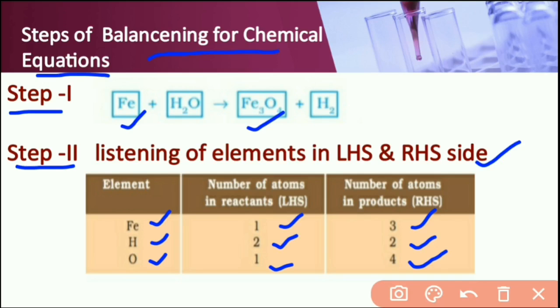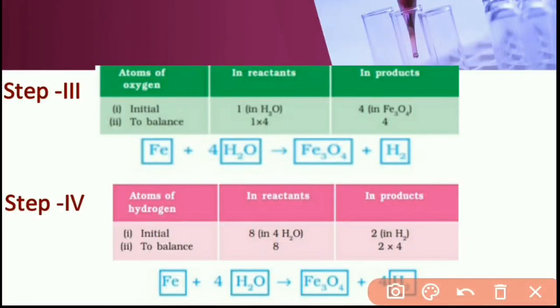Then next step, from the third step we can start balancing the atoms of elements. Often it's convenient to start balancing with the maximum number of atoms. So in this equation, oxygen is maximum on the RHS side, 4, and on the LHS side only 1. So we have to multiply the water molecule by 4. Therefore oxygen is 4 on both sides, LHS and RHS.